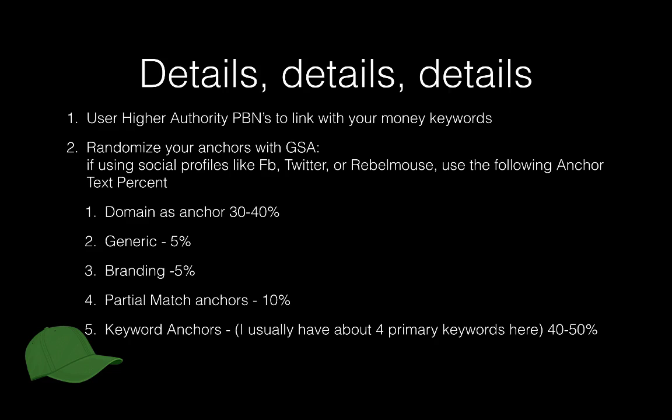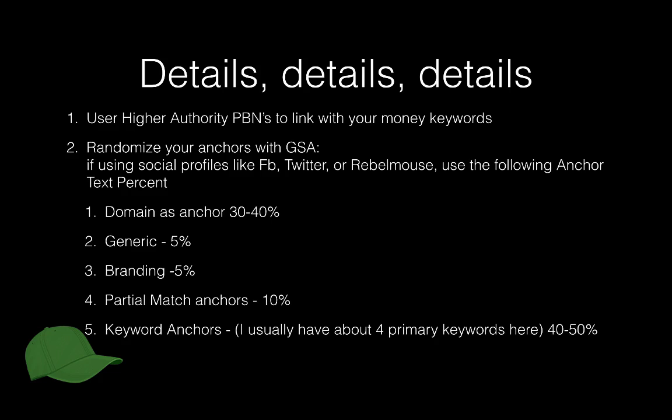The trust flow is probably a little bit more of an accurate number. But if you're still looking at PageRank, these are the sites that you want to be using your primary keyword as your anchor. Okay, so you want to use your higher authority sites with your keyword for your anchor. So if you've got these PBNs, then link from those with your primary keywords if at all possible.